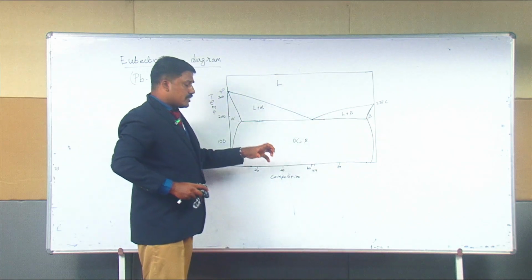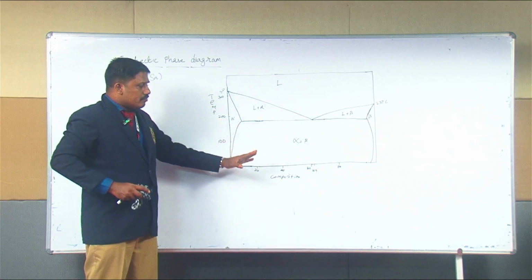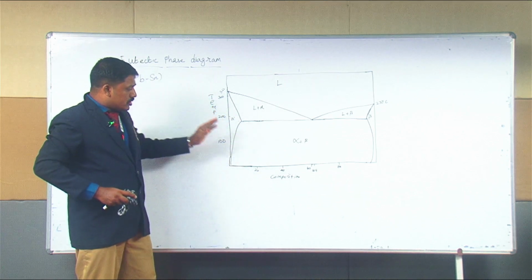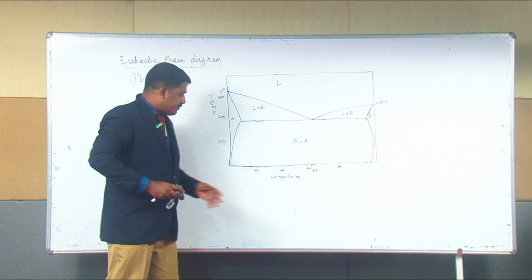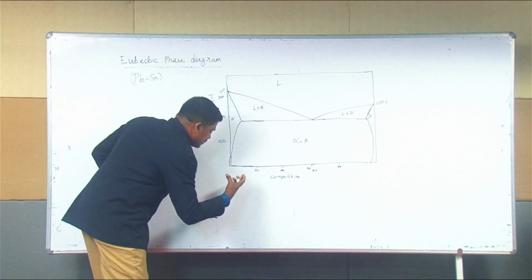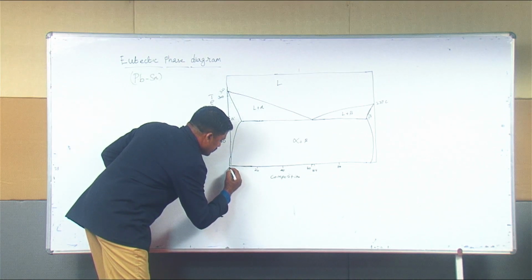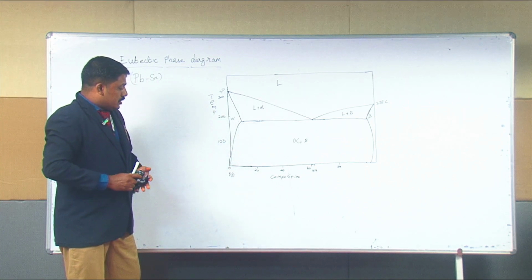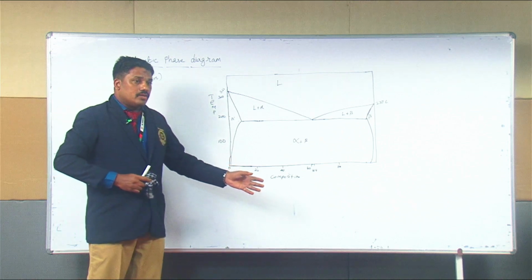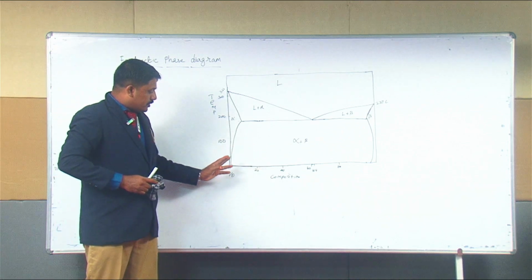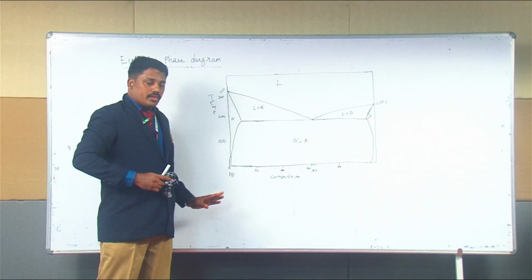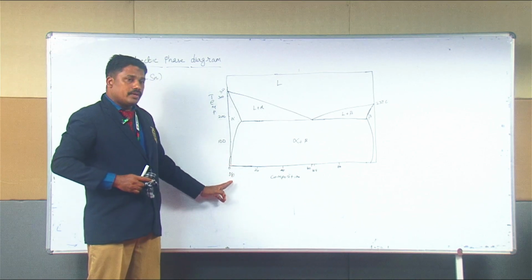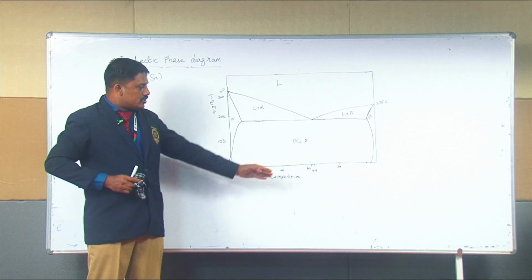Okay, before that, the eutectic phase diagram is drawn using the composition of lead and tin. The tin value increases from 0 to 100, and the amount of lead slowly decreases from 100 to 0.